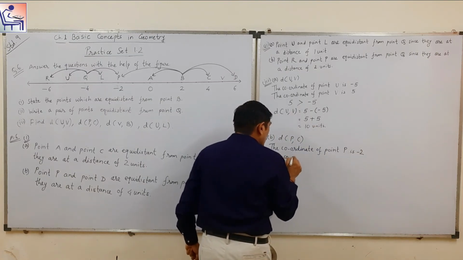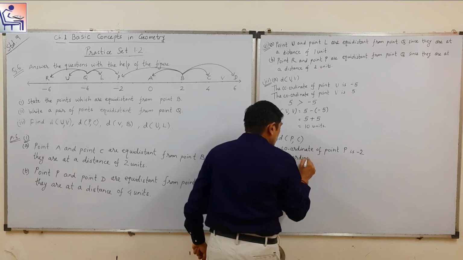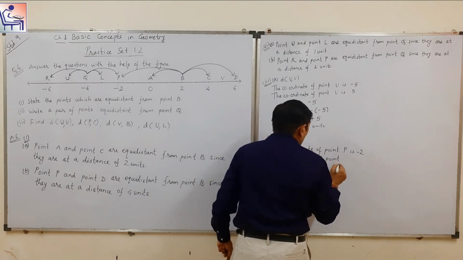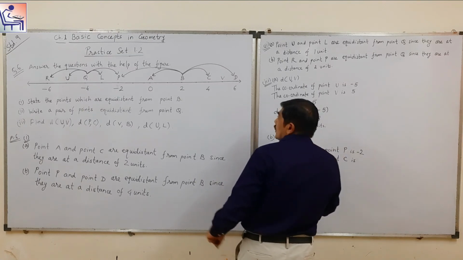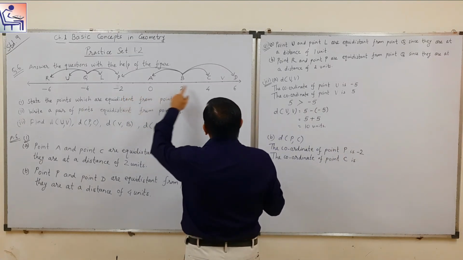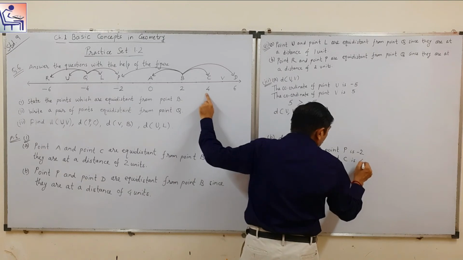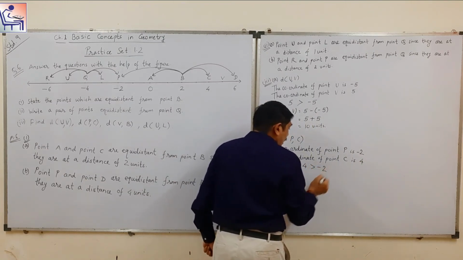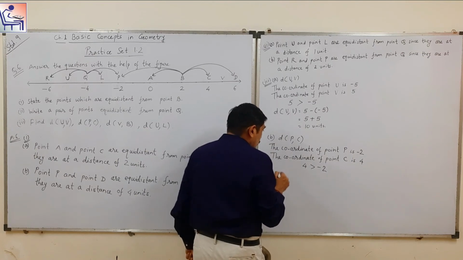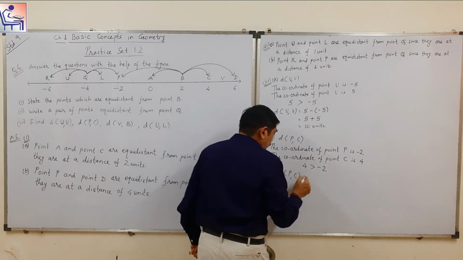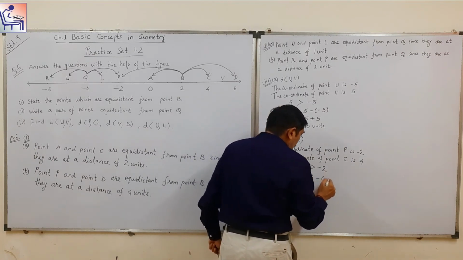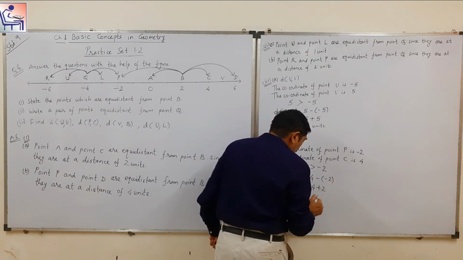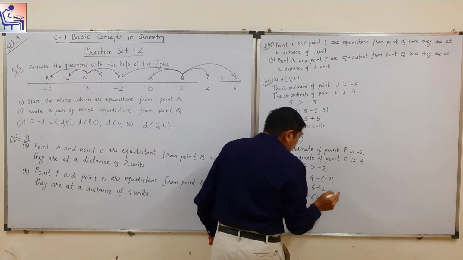The coordinate of point C is, here you can see, 4. So again we can say that 4 is greater than minus 2. So distance PC is equal to 4 minus minus 2, so 4 plus 2 is equal to 6 units.